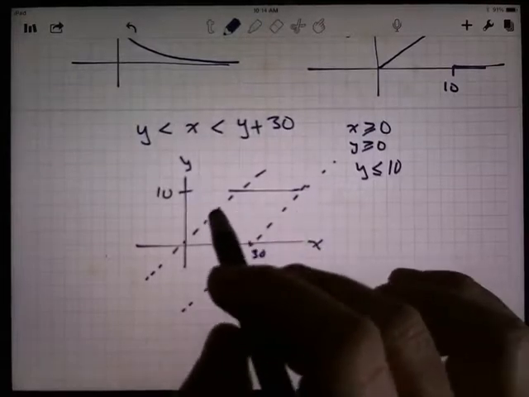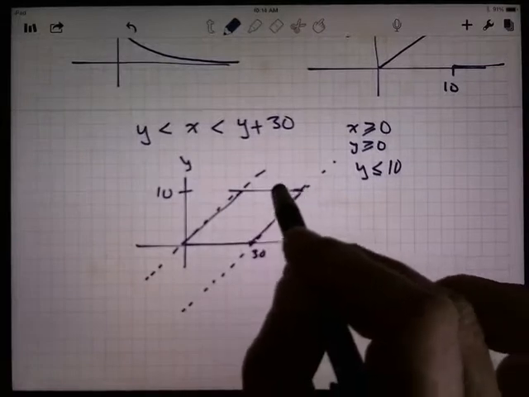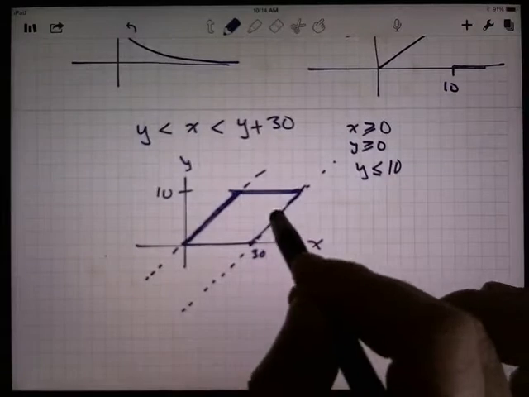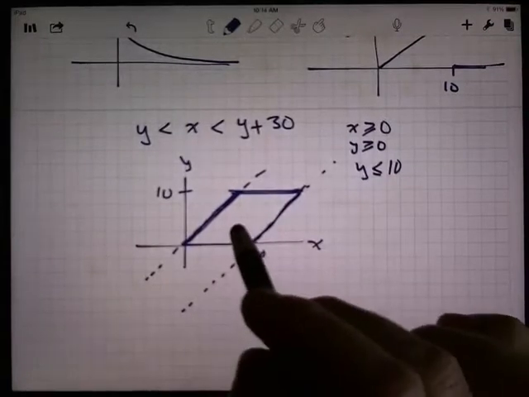So it looks to me like the region we're talking about, the possible times of arrival where they would actually see each other, is in this range.